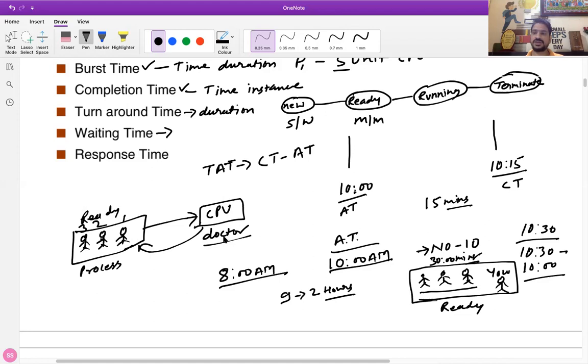So the doctor will stop the diagnosis for the current patient, tell him to wait in the queue, and take the high priority patient into the chamber to diagnose. The same thing happens to the CPU. It takes the high priority process when it comes into existence, and puts the low priority process into the ready state again.